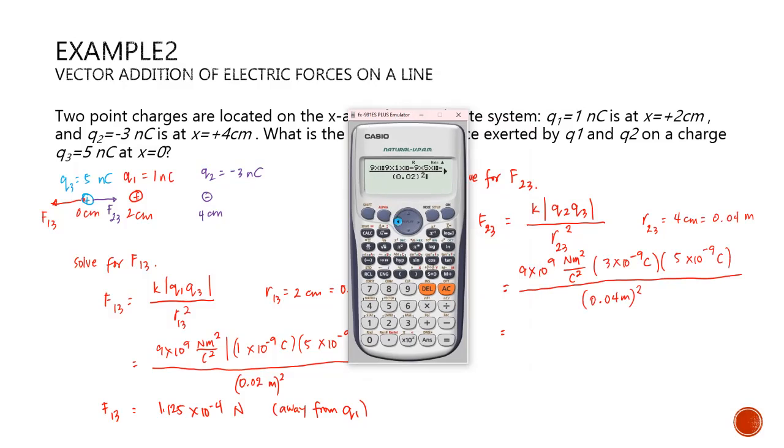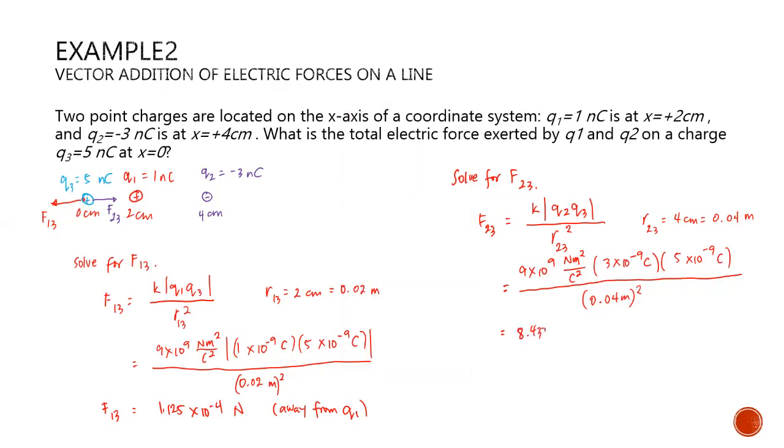So we have 3 and 5, also 5, then 0.04 for the distance. So it's 27 over 320,000, or 8.4375 times 10 raised to the negative 5, in newtons.